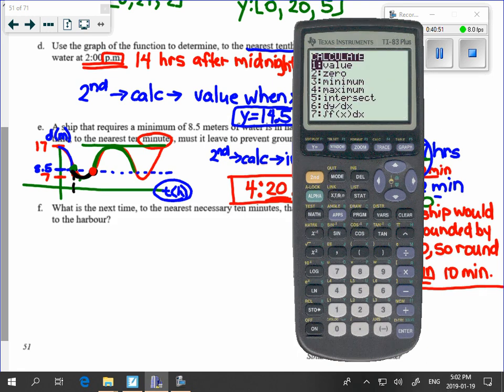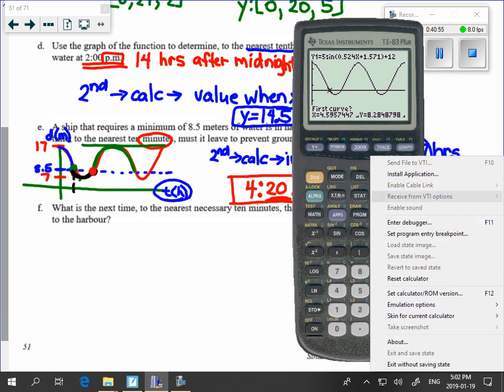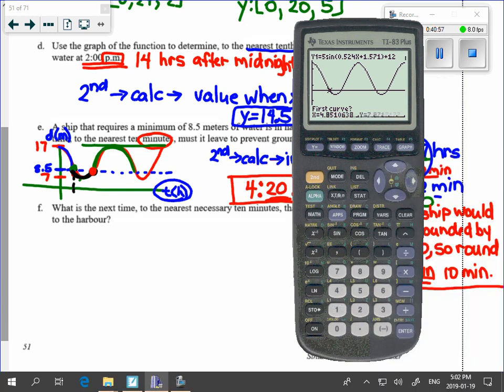So second, calculate an intersection, and ride it around again. And try and get as close to on it as you can, and hit enter 3 times. And it will tell you that intersection point is at 7.513 if you rounded it.